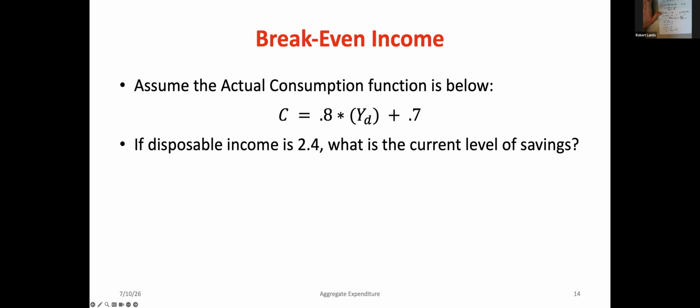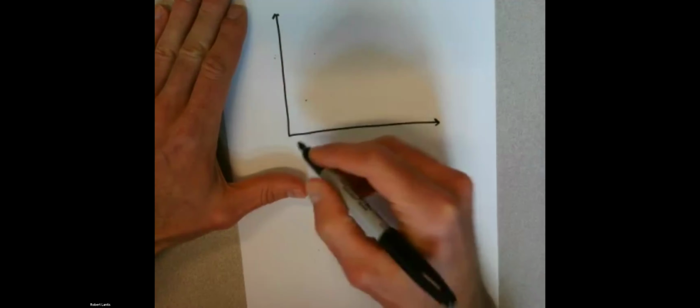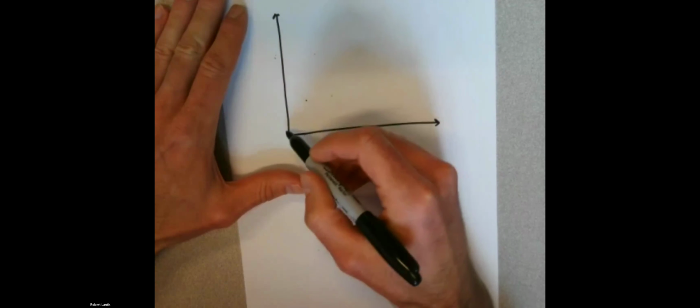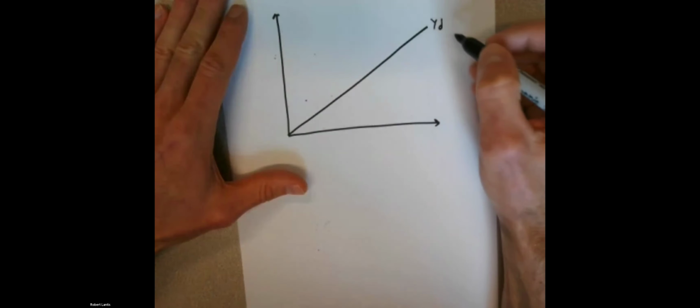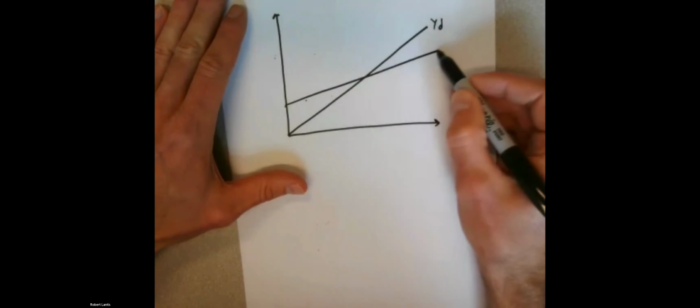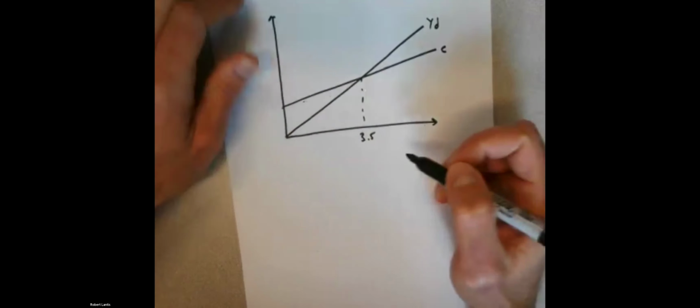Okay. So I want to think about visually using that graph that we had before. So here's our disposable income. Here's our level of consumption. We just found that break-even point was 3.5.